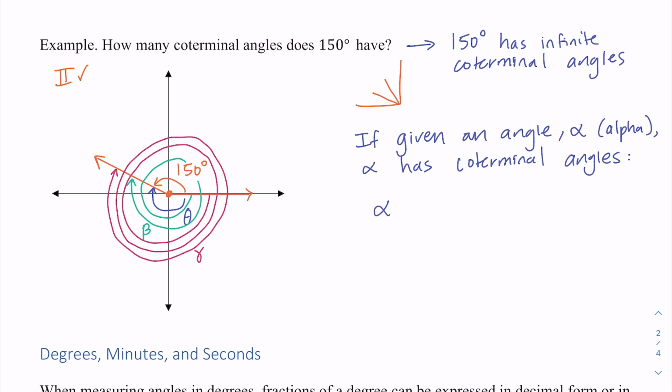This is what they would look like: alpha plus 360 degrees times k, where k is an integer. So that just means that all of the coterminal angles are just some amount of rotations away from that original angle alpha. If k is positive, then we see that that would be in the positive direction, and again, if k is negative, in the negative direction. But each way would create a unique coterminal angle for alpha.